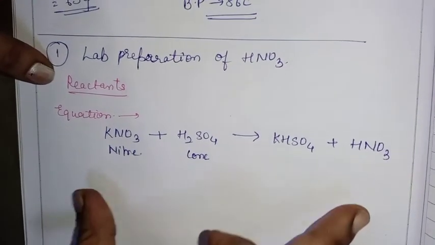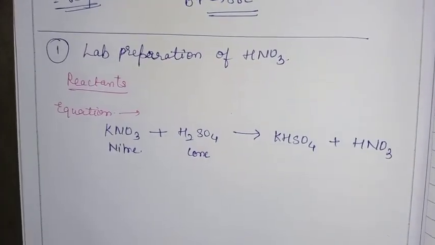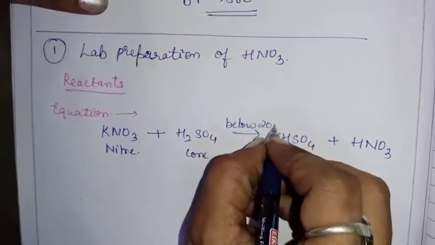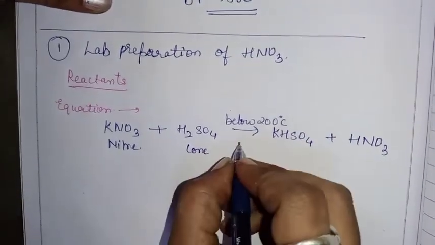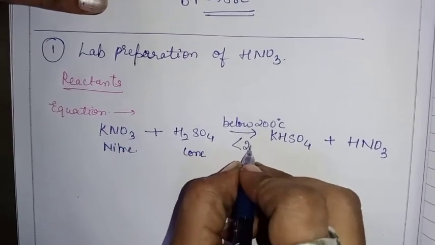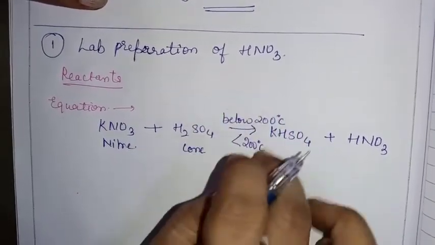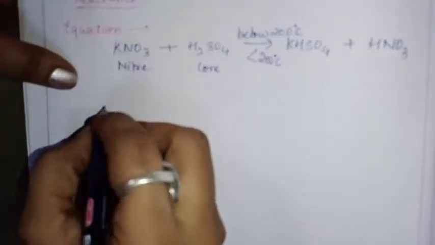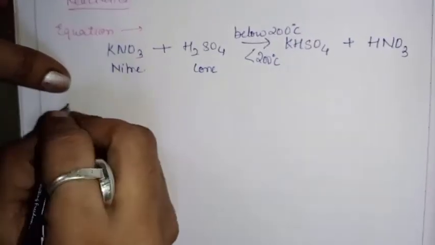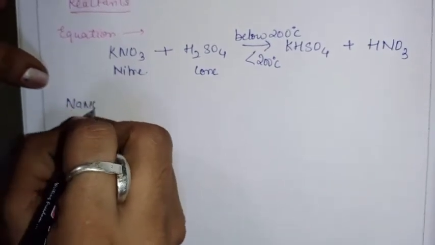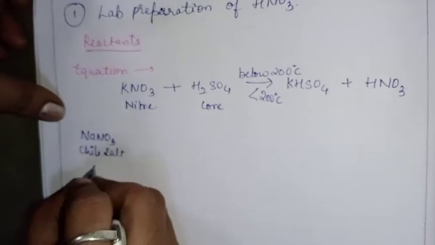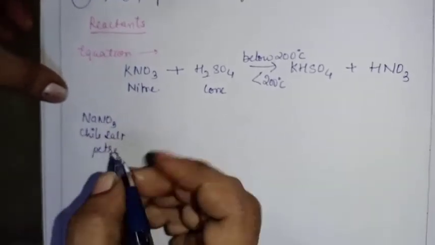I have given you this equation in the sulfuric acid chapter also. Now this is below 200 degrees Celsius. Either you write in words or you can write it this way, below 200 degrees Celsius. This is also important, children. Another equation is sodium nitrate NaNO3, that is chile saltpeter.